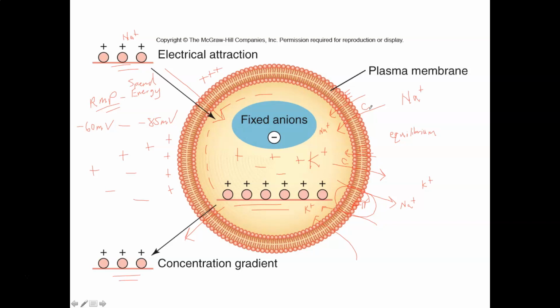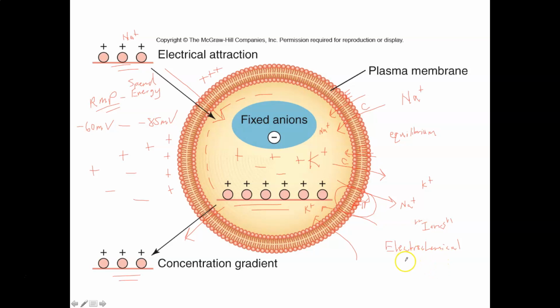When you have both an electrical and a chemical driving force, you can actually combine those forces together to form what's called an electrochemical driving force. So an electrochemical driving force applies to ions because ions have both a charge and they have a concentration gradient.